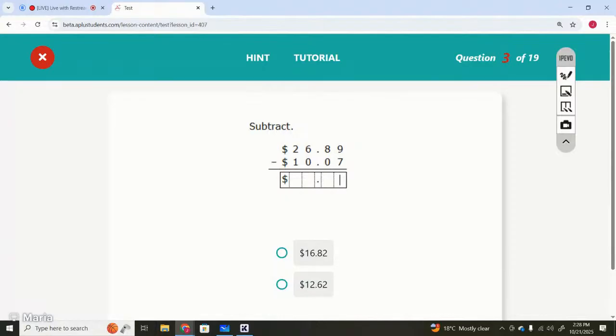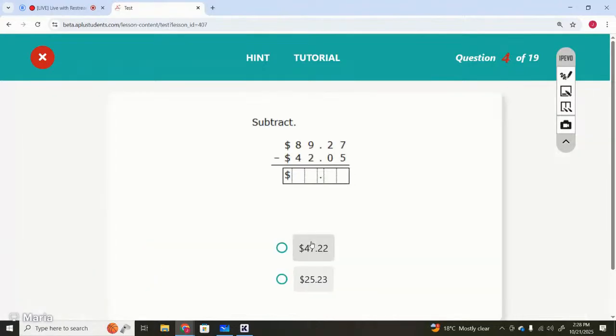Subtract 26.89 minus 12.82. That is 14.07. Option number 1 is the correct option.